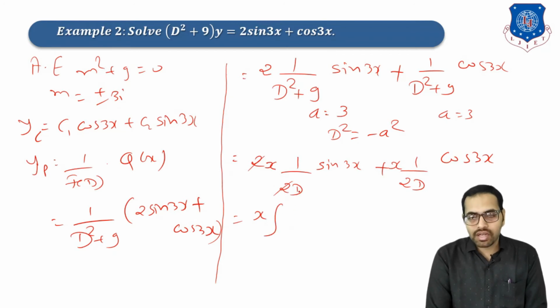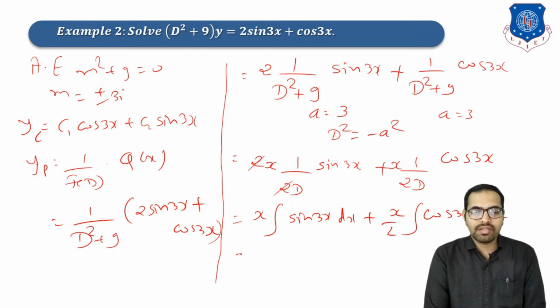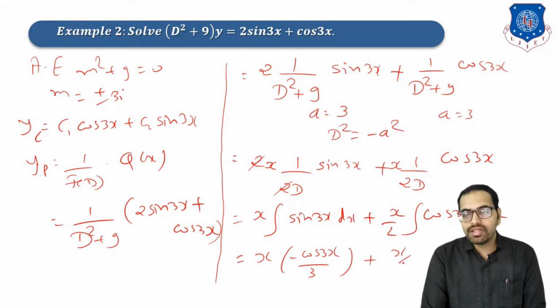See here 2 will be cancelled out, then x kept as it is, 1 upon D becomes integral, then integral of sin 3x dx, plus x by 2 kept as it is, 1 upon D, then integral of cos 3x dx. Now the integral of sine is minus cos, so x times minus cos 3x by 3, plus x by 2, the integral of cos, that is sin 3x by 3.